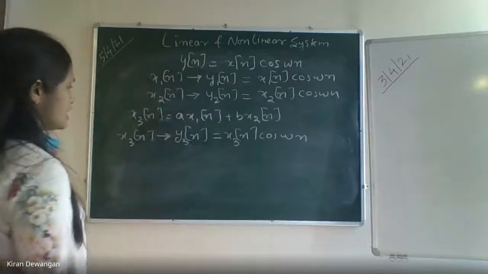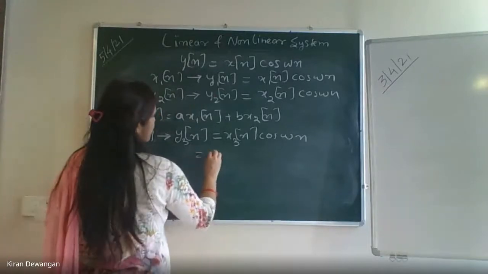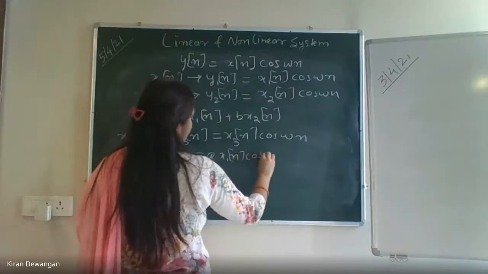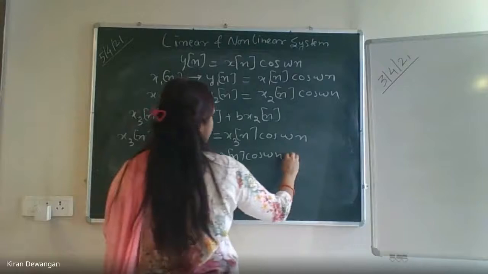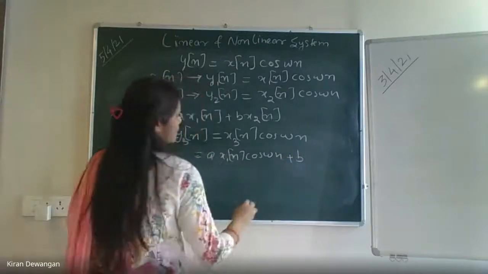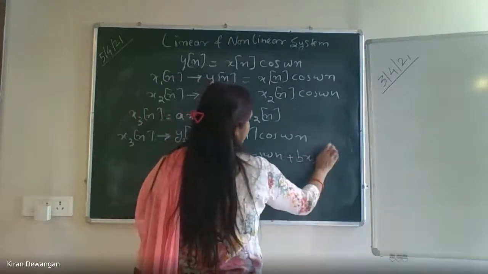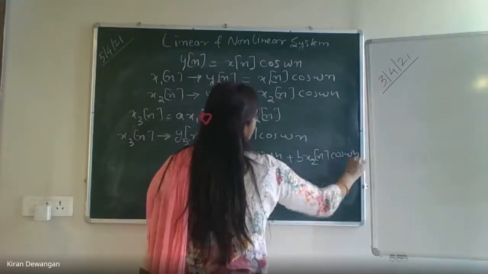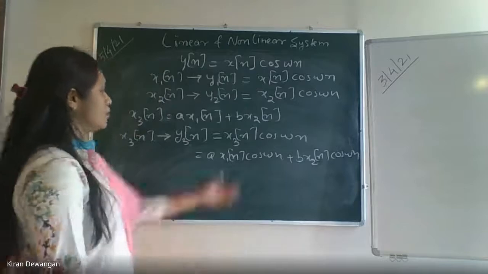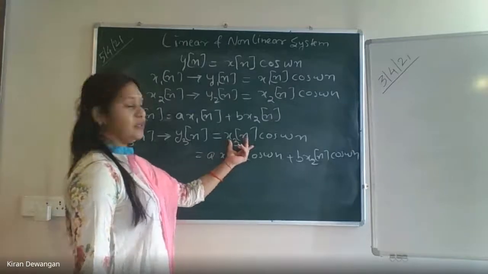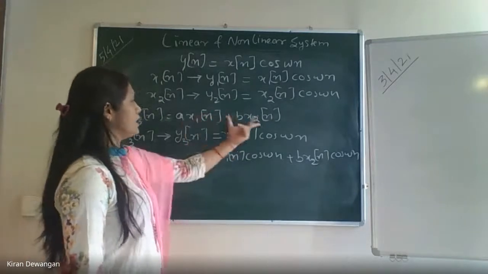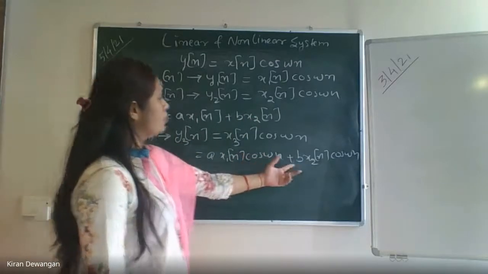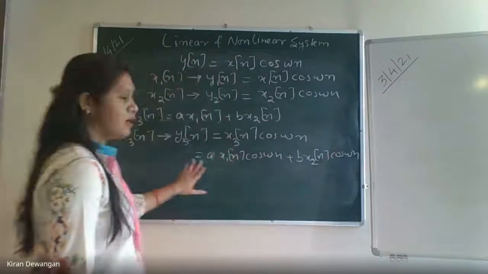Now what is x3n? It is a x1n cos omega n plus b x2n cos omega n, because the cos omega n is getting multiplied with the entire x3n. So a x1n है तो a x1n cos omega n हो जाएगा, b x2n cos omega n हो जाएगा. This part is clear.